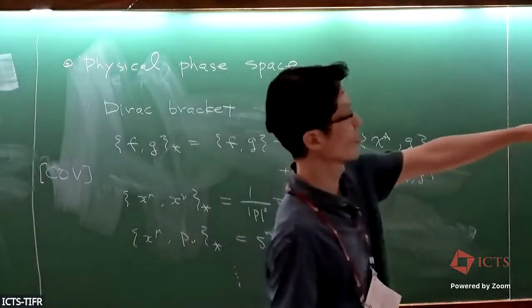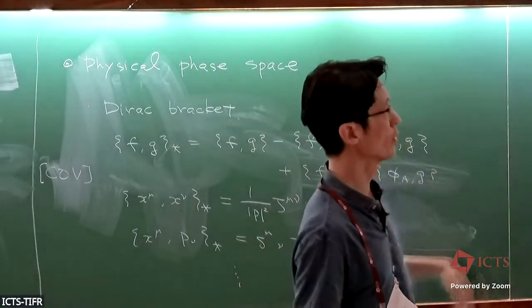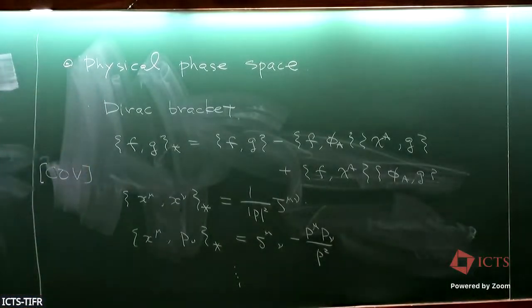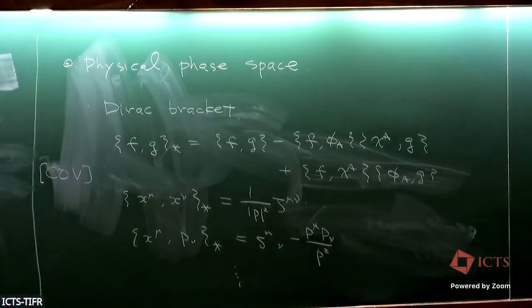Since the gauge algebra of the spin part happens to be abelian, it's actually possible to explicitly map out the gauge orbit.